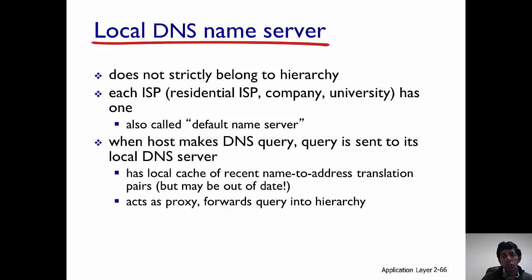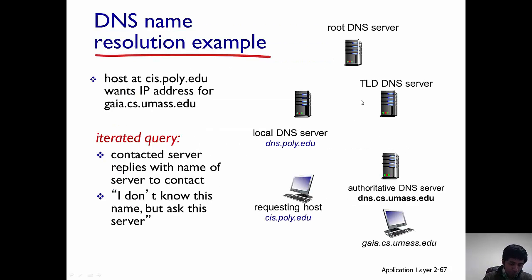Otherwise, it's going to route the query to the root DNS server. Having a local DNS server makes sure that a large fraction of requests are served by the local DNS itself, and they do not need to be routed to the root DNS server.